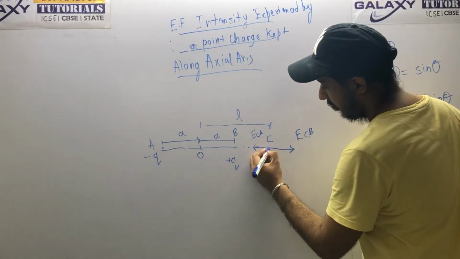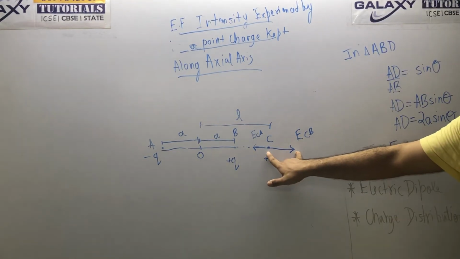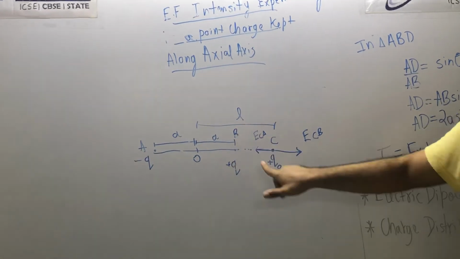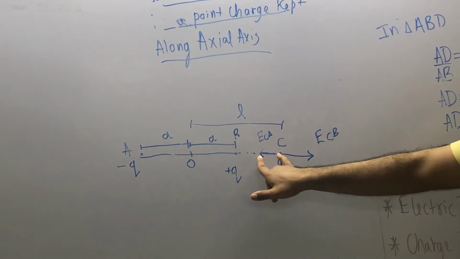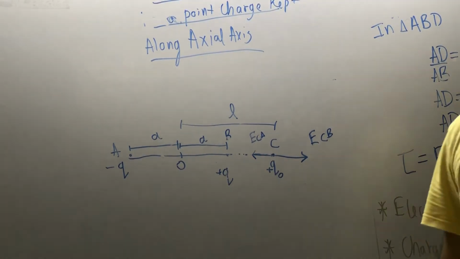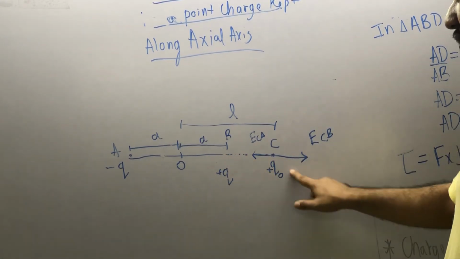I hope that is visible to you, that the electric field intensity ECB, the electric field intensity due to B, is a little bit longer, and this electric field intensity is a little bit smaller. Why did I do that? Because this plus q charge is closer to this plus q naught charge.